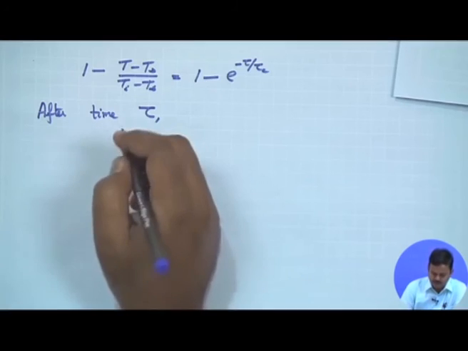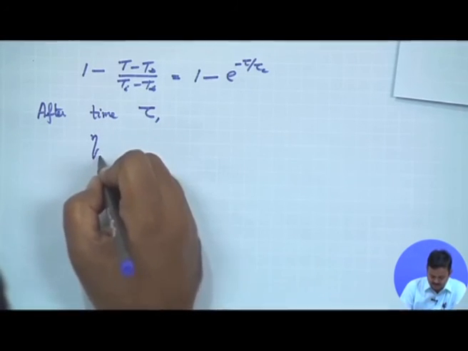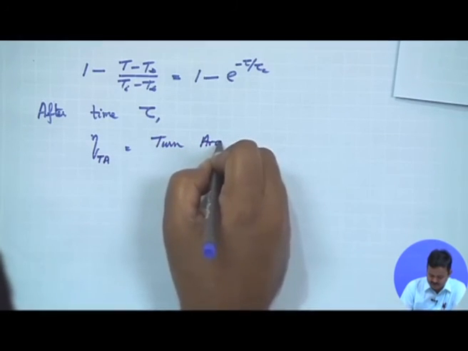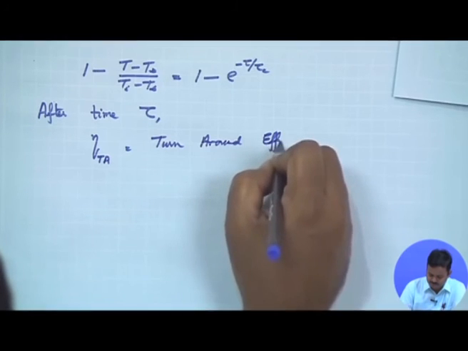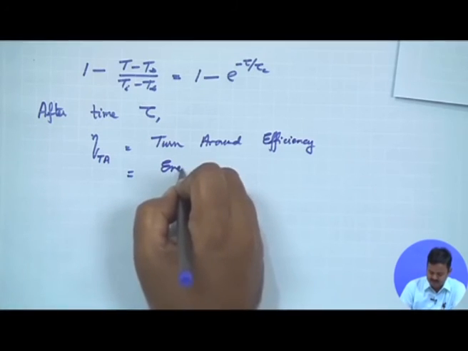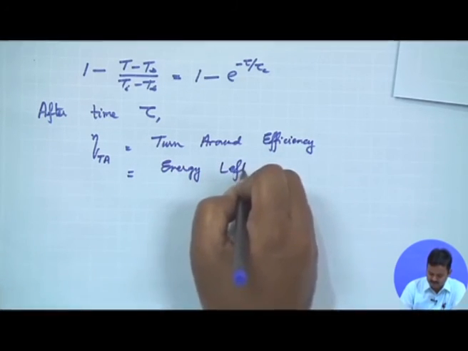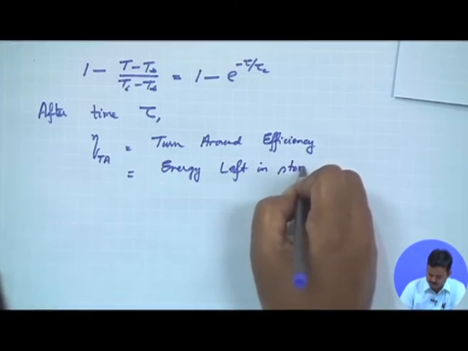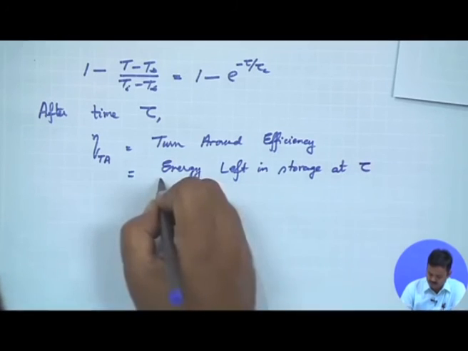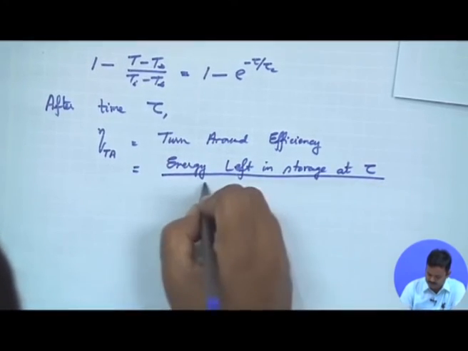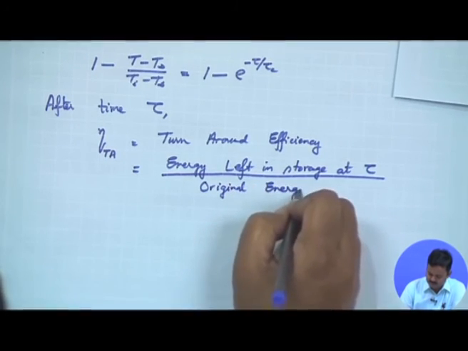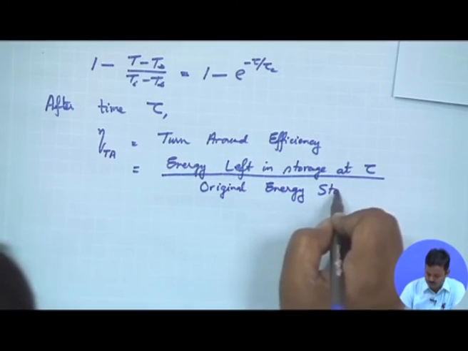So, after time tau, I would also define a term called turnaround efficiency, which as we have seen before, is energy left in storage at tau divided by original energy stored.